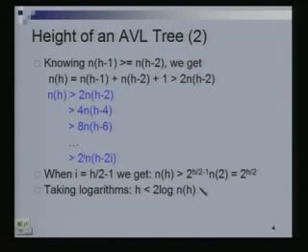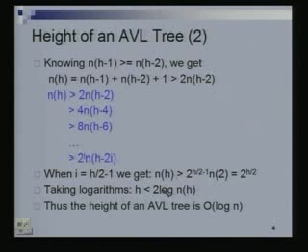Suppose I had an AVL tree of height h and n nodes, then it will also satisfy this relation because n is only going to be larger than n of h. What was n of h? N of h was this minimum possible number of nodes. So any AVL tree on n nodes has height at most 2 log n from this argument.